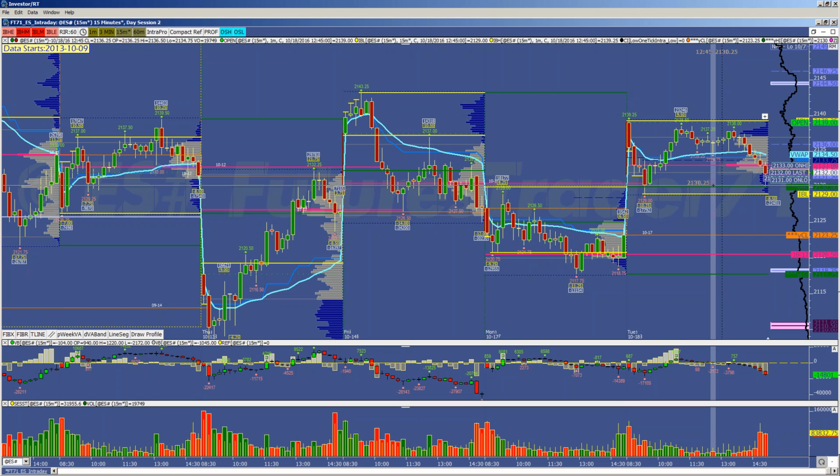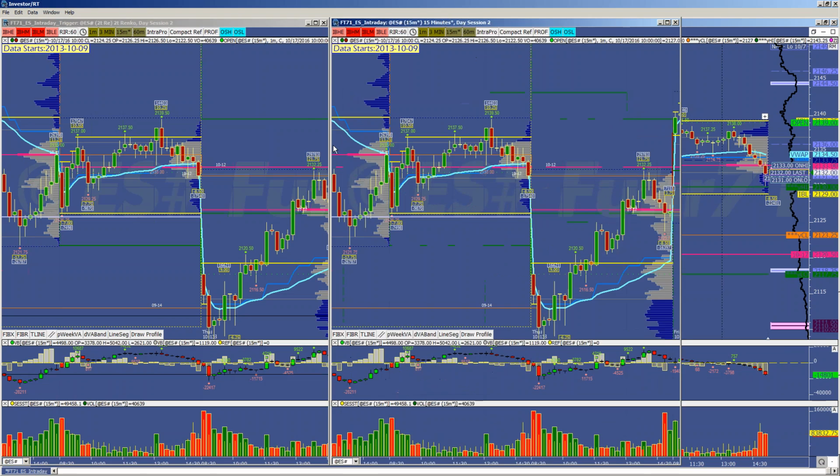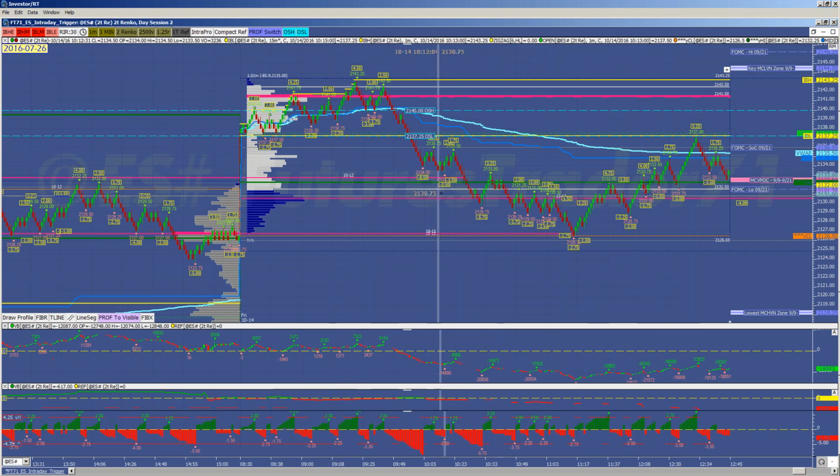Okay. Let's see. What is the significance of the mid statistically? The mid, okay, so it seems like an odd thing. Let me define it. The mid is essentially the center between the high and the low. So I refer to mids in 2 ways. It's either the mid of the day, which is this blue line.